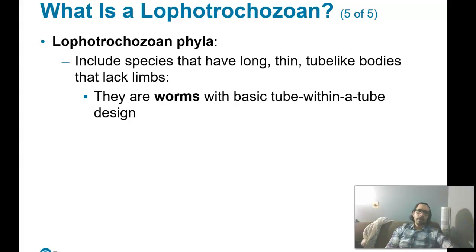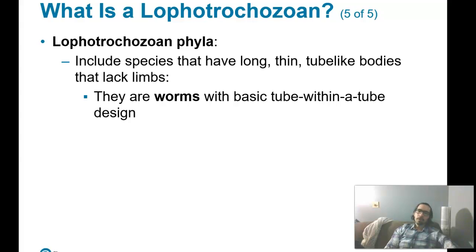Lophotrochozoa include species that have long, thin tube-like bodies that lack limbs. So a lot of these are going to be worms with a tube within a tube body design, where the outer tube is made up of the skin, which is derived from the ectoderm, right?